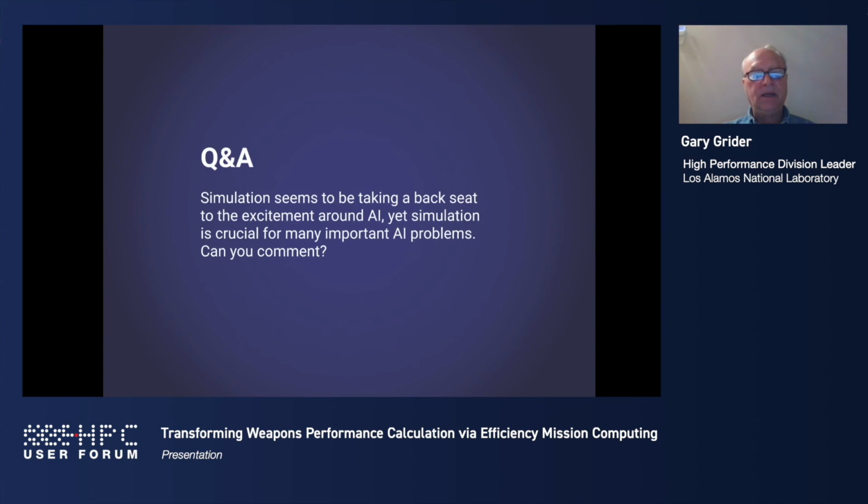Well, I can't comment on if simulation is important for AI problems. I guess I would argue that there are many AI problems where simulation isn't important. Self-driving cars is more about turning sensor information into action as opposed to simulation. But I am quite sure that they're right, and that there are some AI applications where simulation is useful.